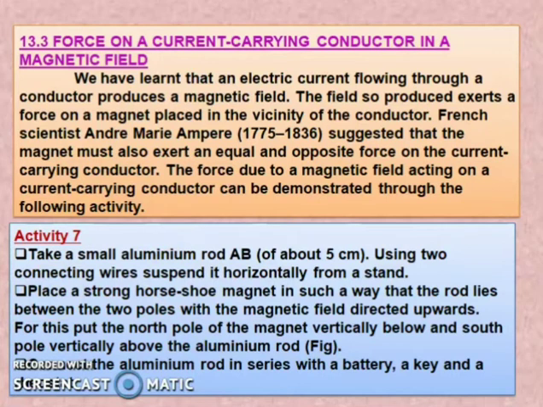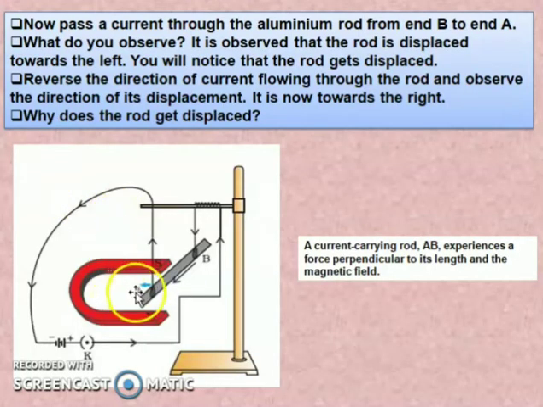Place a strong horseshoe magnet. You can see this in the diagram. We are taking one aluminium rod, a current carrying rod, which will be placed here.